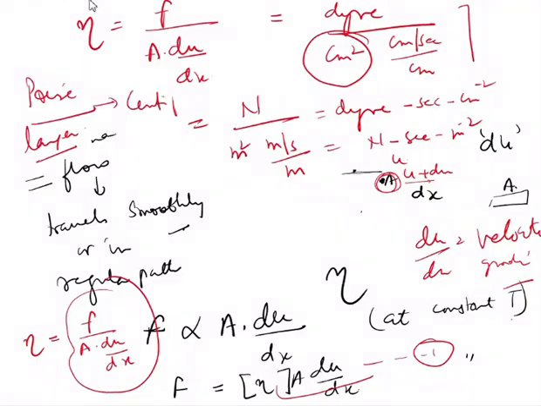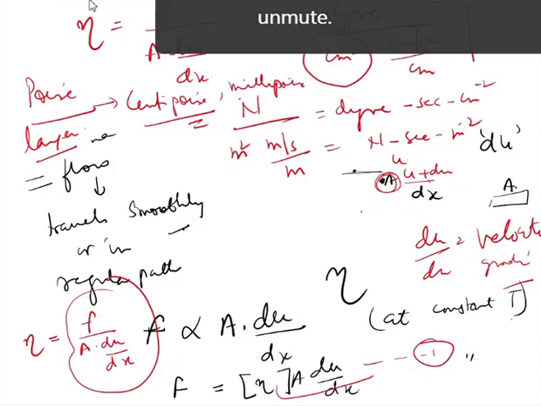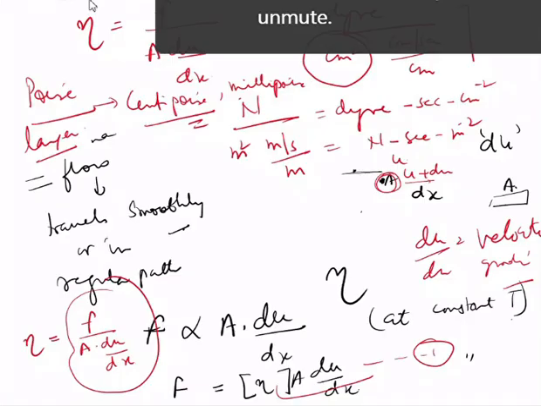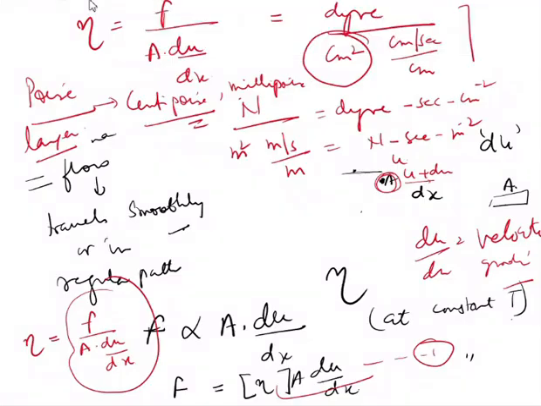Can someone tell me what is centipoise and what is the relationship with poise? Centipoise and millipoise. So poise is a CGS unit, so it's a larger unit. But when you do experiments in the lab, we realize that we have to take into account the smaller unit, that is centipoise or millipoise.